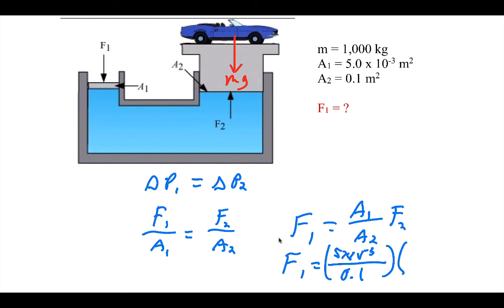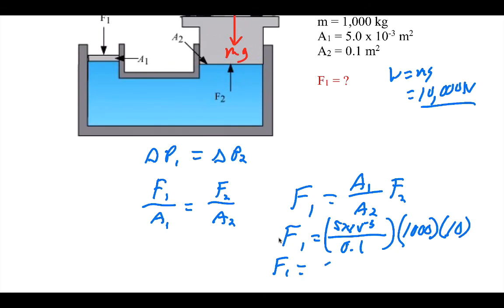And the weight would be the mass times gravity. So think about this. We're lifting the equivalent of a 10,000 Newton car. So we want to know how much force that's going to be. Well, it turns out I only need 500 newtons of force, which is significantly smaller than the weight of the car.